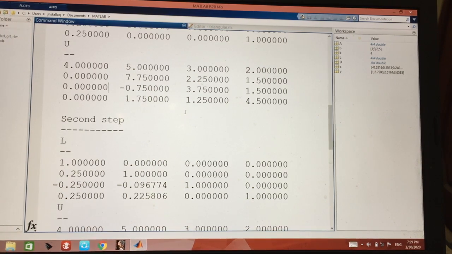We have 1, 0, 0, 0, then 0, 1, 0, 0, 0, 0, 1, 0, 0, 0, 0. That was the original identity matrix.